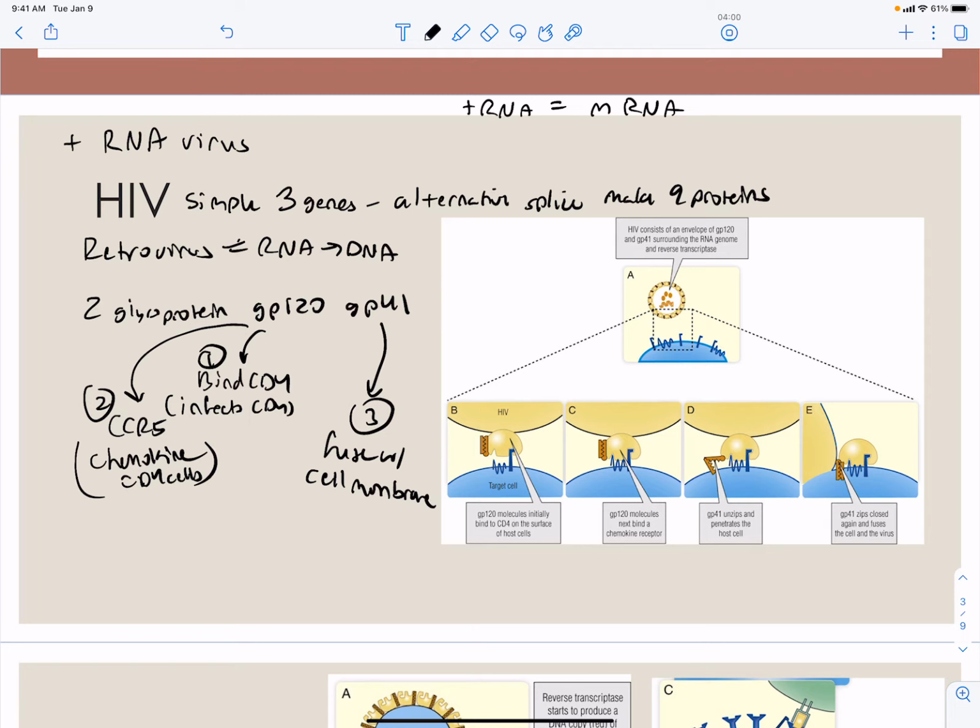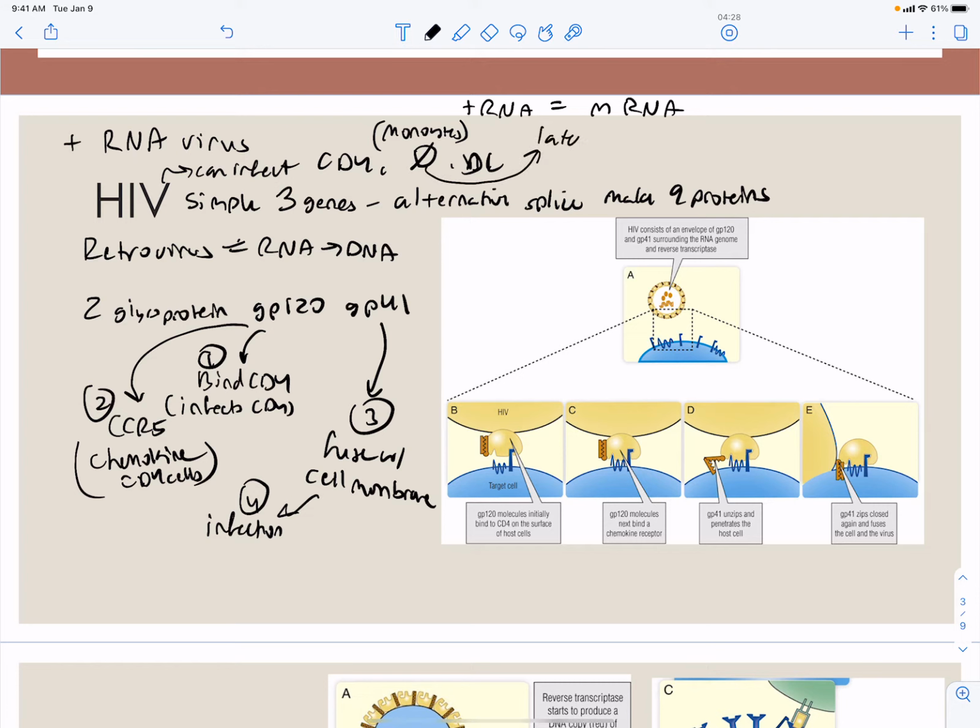And then you get infection. Now, what this means is HIV can infect CD4 cells, macrophages, DCs, and of course monocytes. And it's really within the macrophages that it sets up a latent infection.